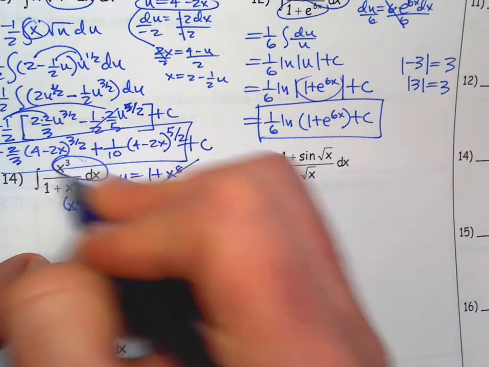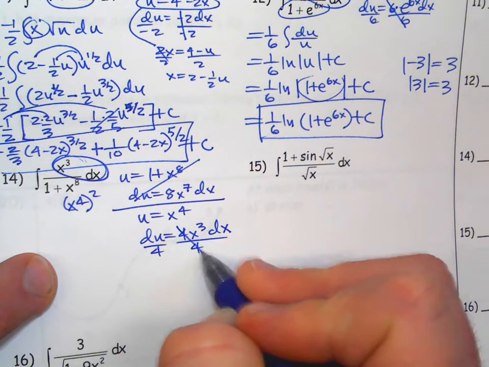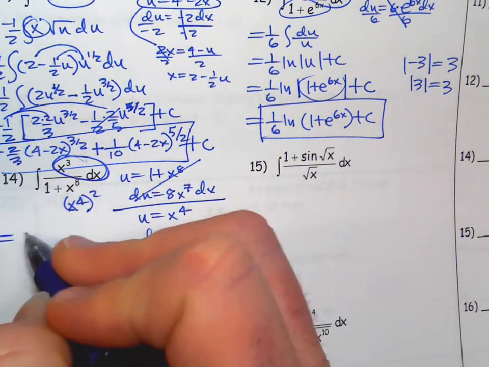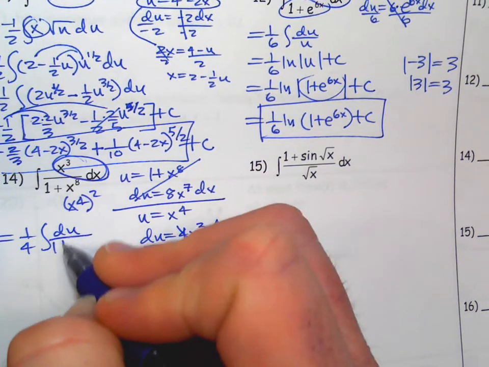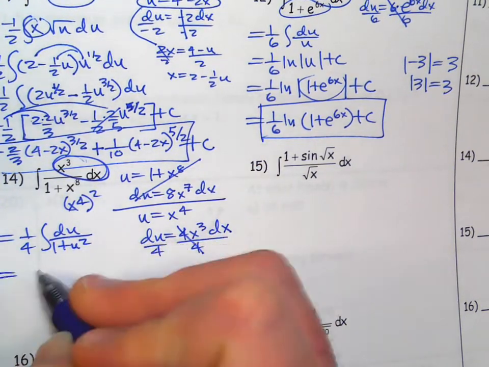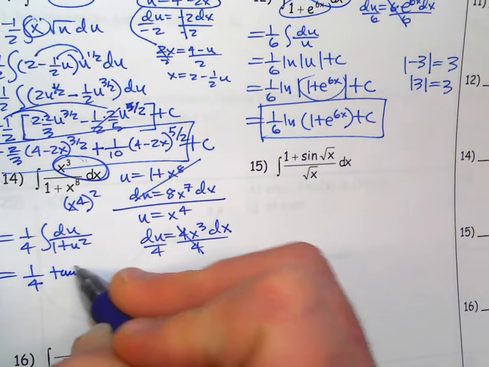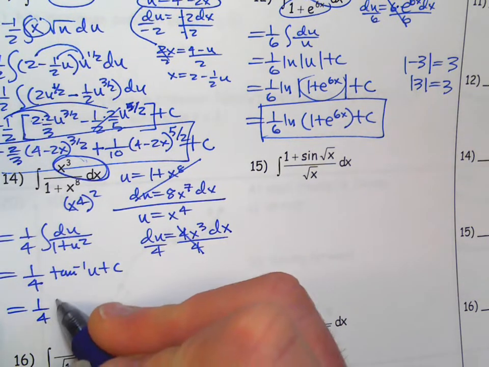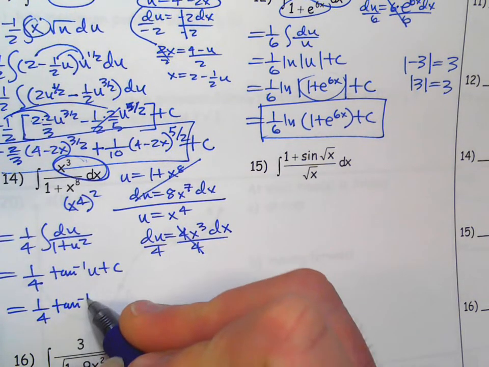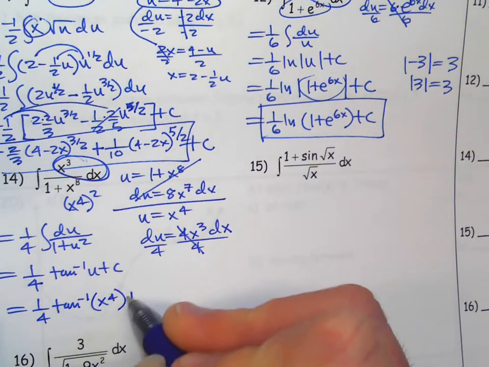And that's perfect because that's x cubed dx. I don't want the 4. All right. So I'm going to get 1/4 du over 1 plus u squared. And we get 1/4, and this is inverse tangent. So 1/4 inverse tangent of x to the 4th plus C.